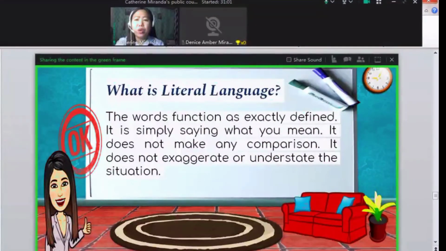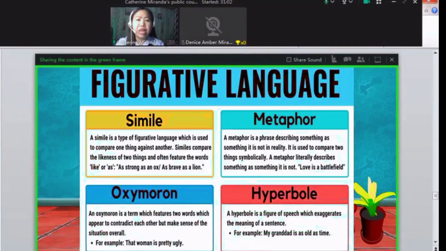Okay, so let us now try to generalize our topic for today. So we are now aware that there are two ways on how we can express our statements. So it's either in a literal or in a figurative way. In a figurative language, we have different types.